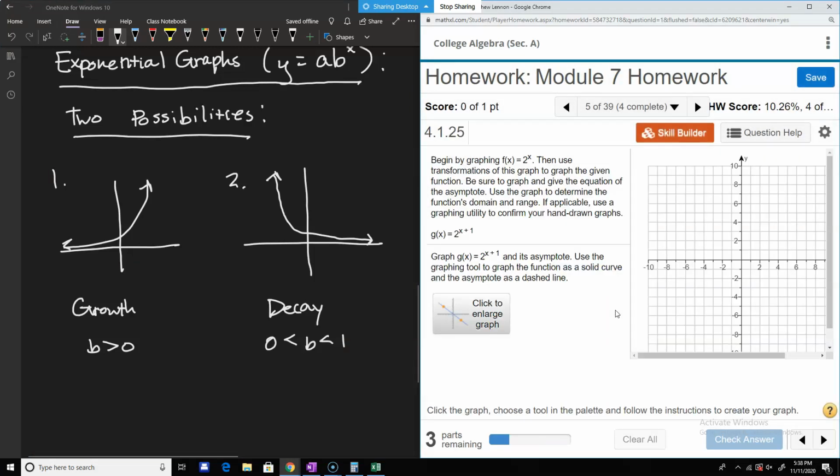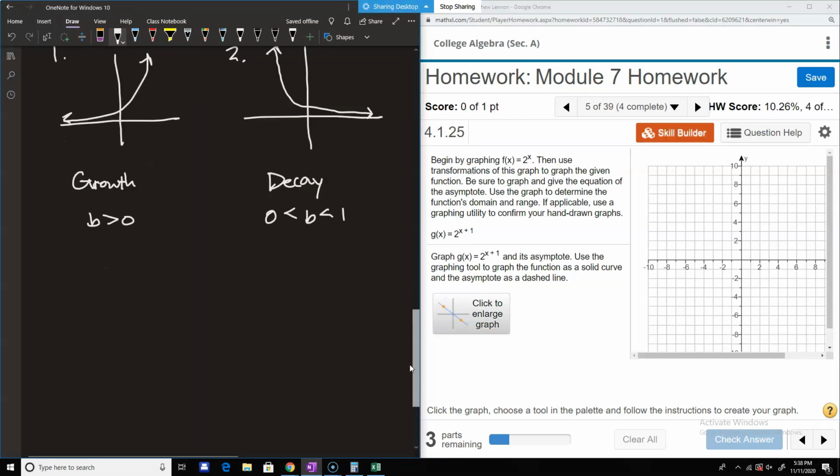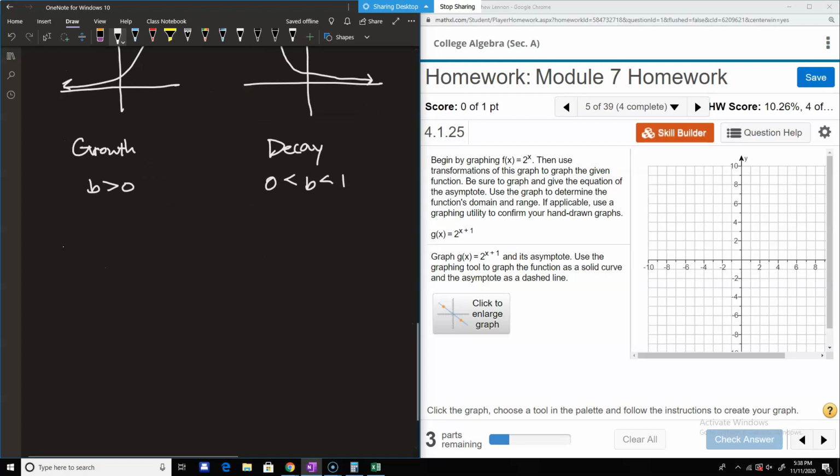Okay, that's what all the pictures of the graphs look like. So this graph right here, number 5, we're trying to graph y equals 2 to the x plus 1. I would do this in 2 steps. Let me write it with g of x because that's often helpful.